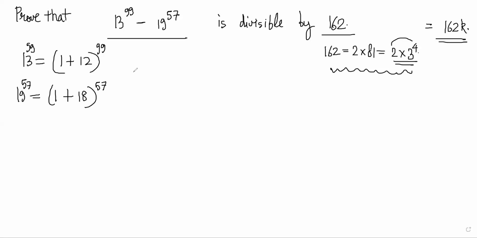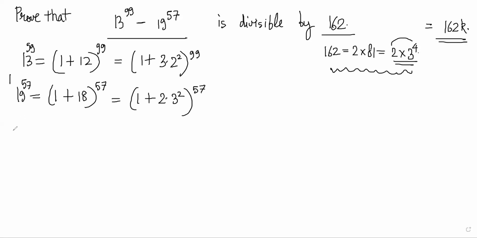And this is basically (1 plus 3 into 2 square) power 99, and this is (1 plus 2 into 3 square) power 57, correct? And then we have to actually subtract the two series, right? Yes.